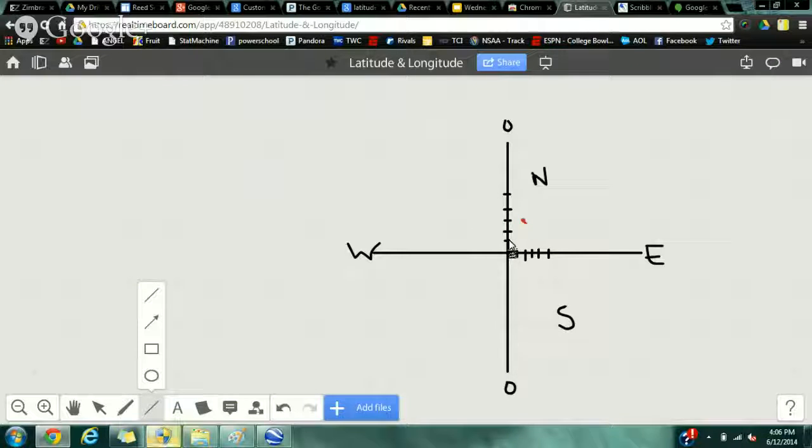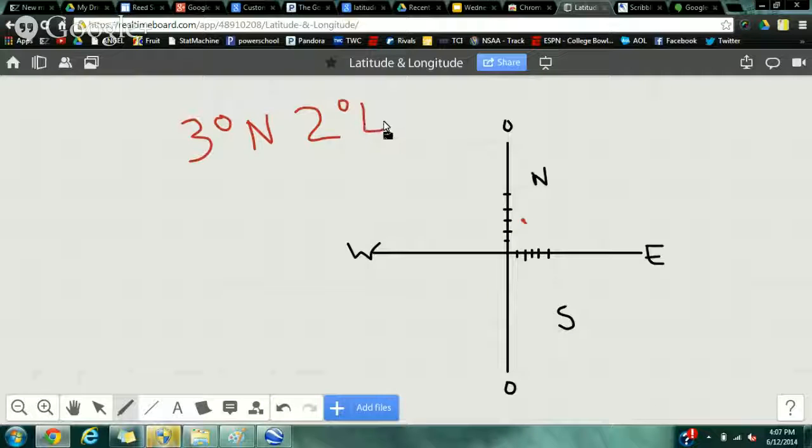Basically, you count, most people do latitude first, so 1, 2, 3 degrees north latitude, 3 degrees north, so that's how that usually is shown, and it is 1, 2 degrees east longitude. So the second part of that absolute location would be the longitude, 2 degrees east.